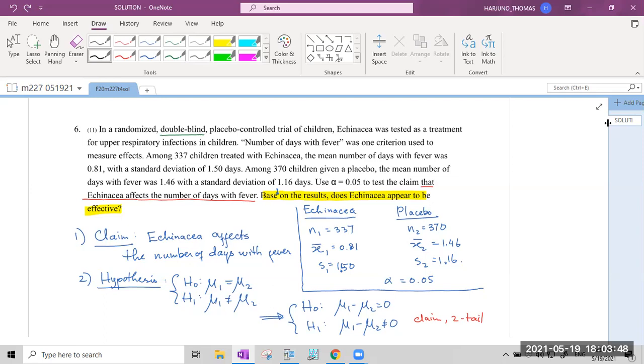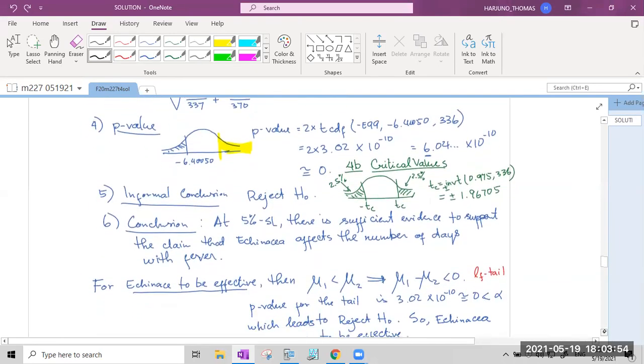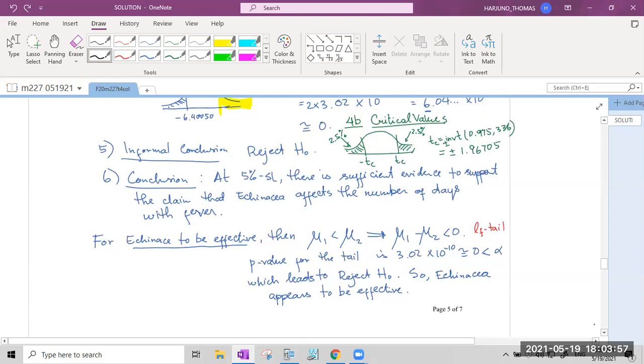As you can see here, I did that follow-up question using the number. That results in a different claim and therefore a different hypothesis, but the test statistic is the same. The p-value will be the same or multiplied by 2, depending on one tail or two tail.